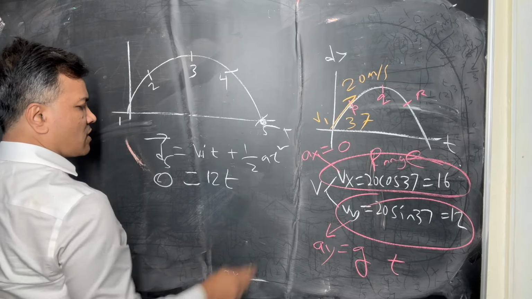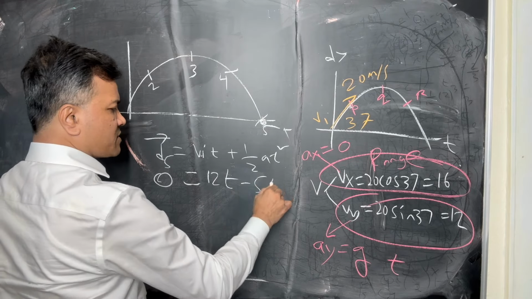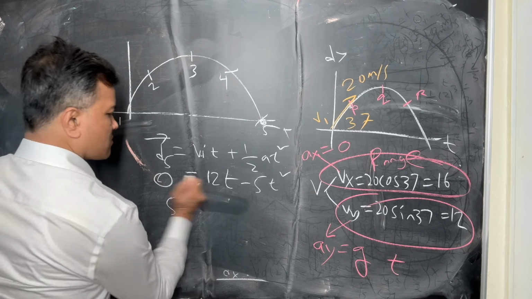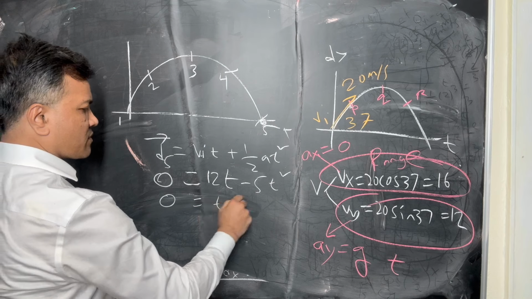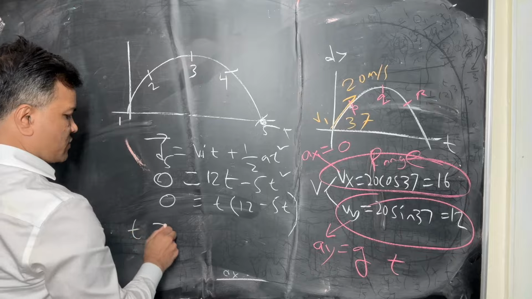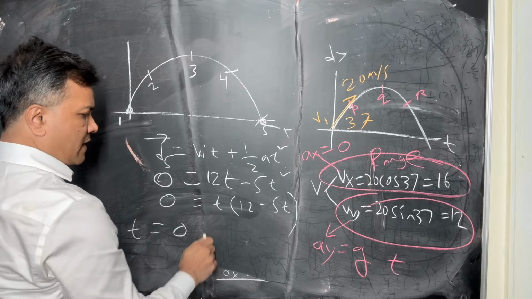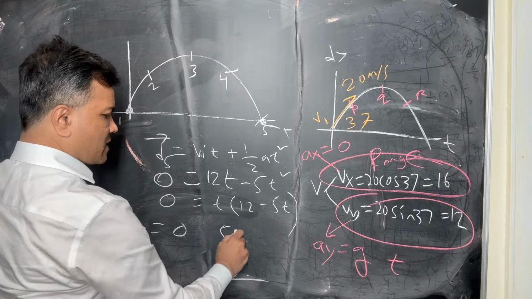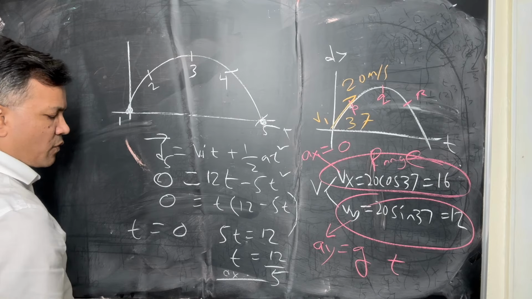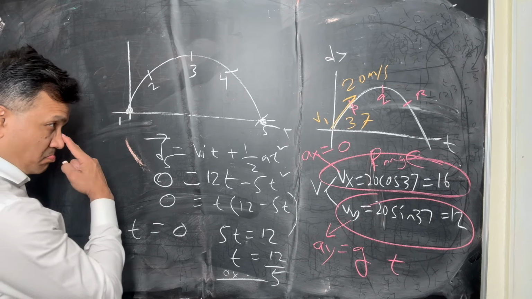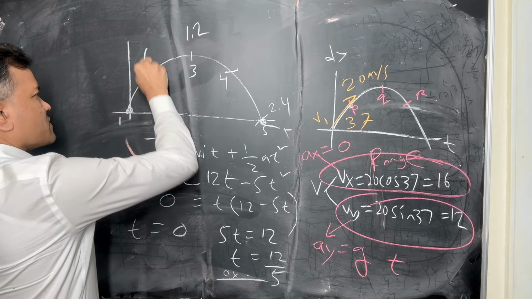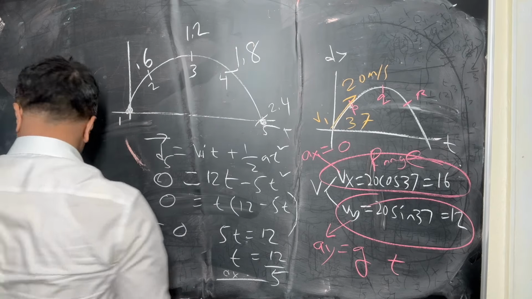Vi is 12, the time only depends on the y component, minus 5t squared. Okay, so 5t squared is equal to 12t. Factor out t, so you have t times 12 minus 5t. So t is equal to 0, okay, good. And 5t is equal to 12. So t is equal to 12 over 5, which is 2.4, right? So this is 2.4. This is 1.2. This is 0.6. This is 1.8. Okay.